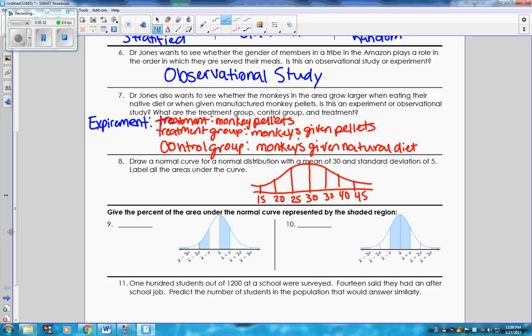It also wants us to label the percentages underneath the curve. So I know that this is 34 and this is 34, because remember that a normal distribution curve is symmetric on both sides. The next one is 13 and a half, followed by 2.35.